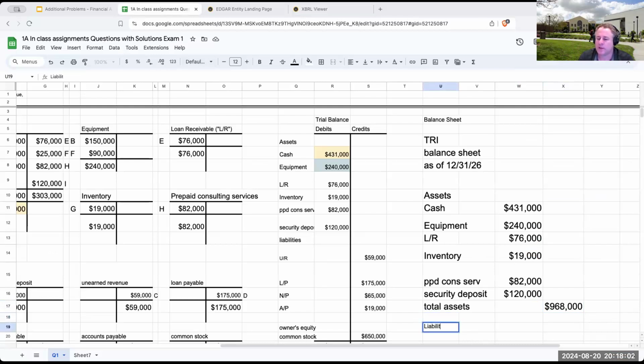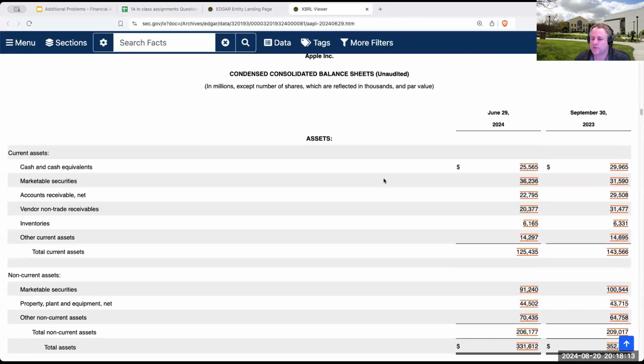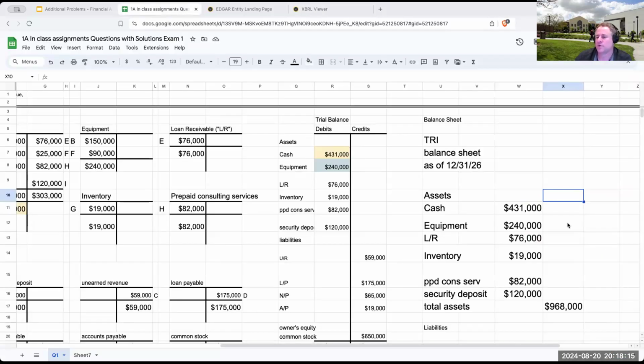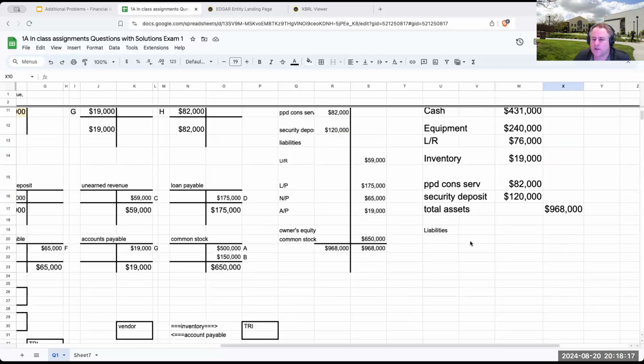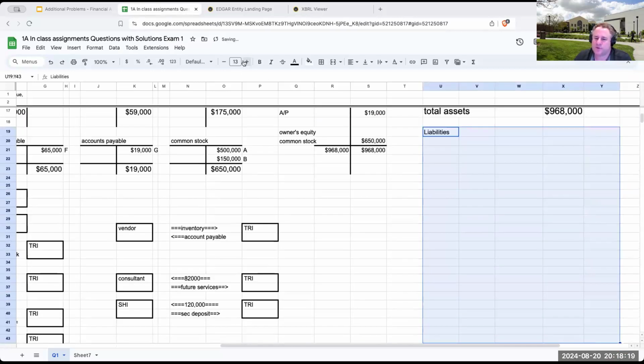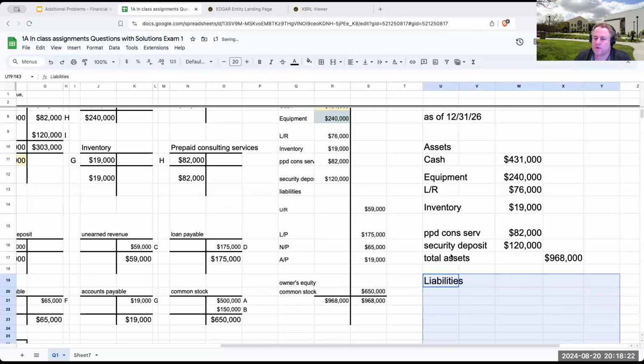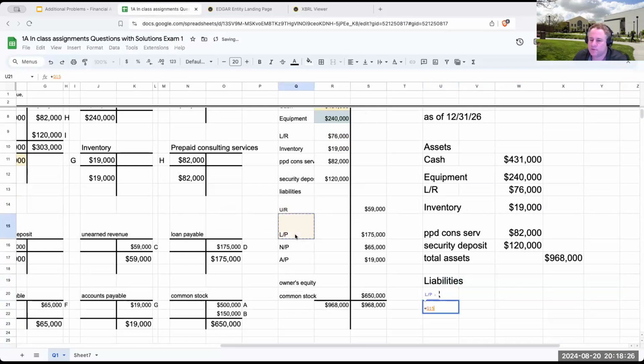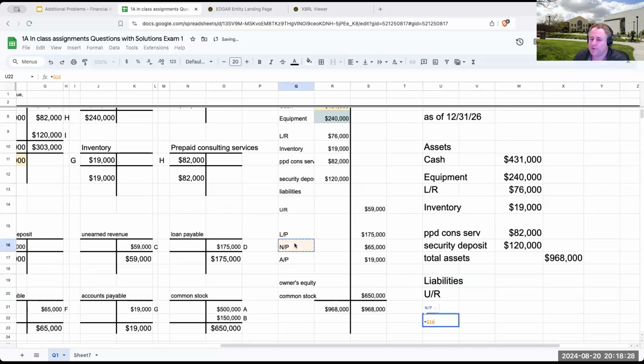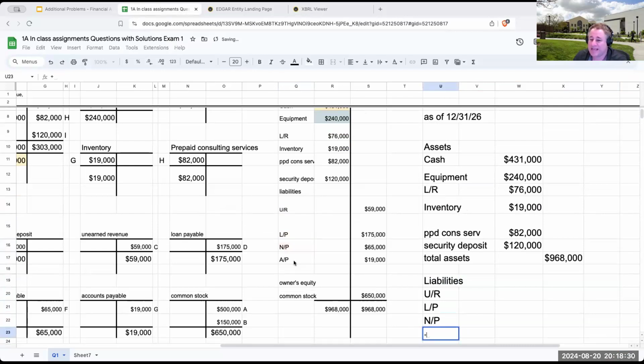Then we're going to go over here to liabilities. And notice what you don't see. When I do a balance sheet, I don't say debit or credit, right? When we look at a balance sheet, there's no debit or credit. Rather, we're just going through and listing out everything. So for my liabilities right over here, I'm going to basically have unearned revenue, loan payable, note payable, and accounts payable.